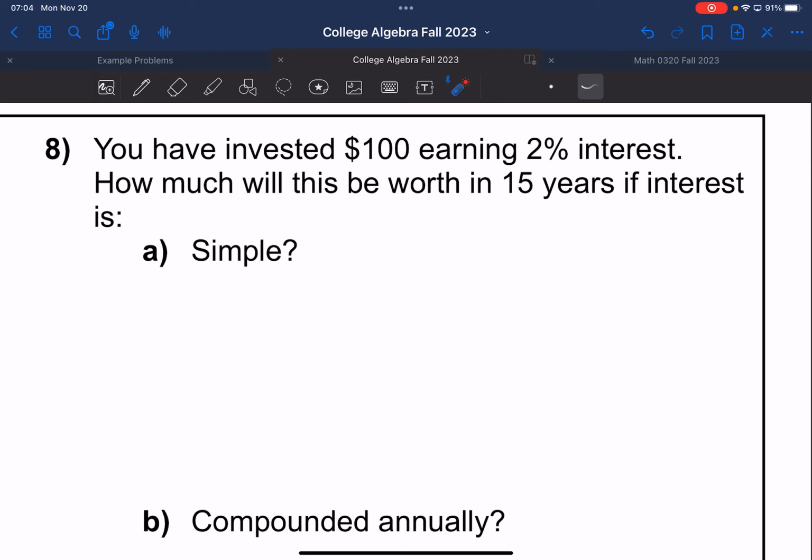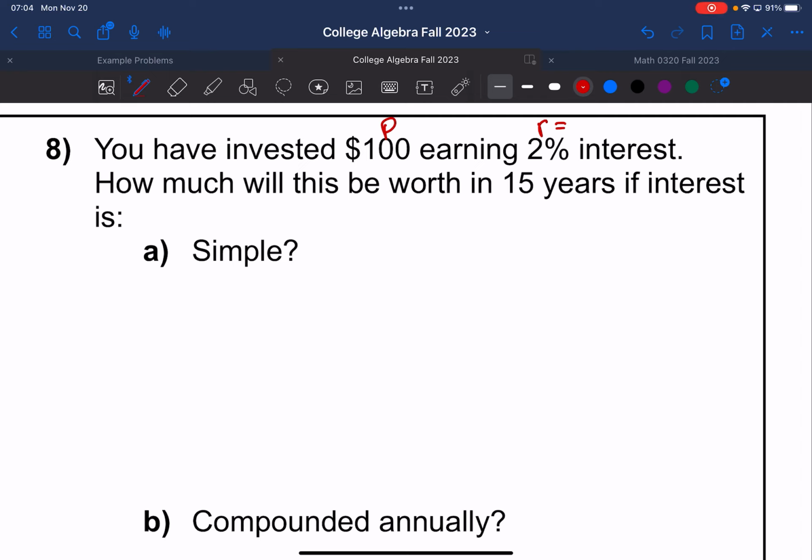Okay. So looking at number 8, we have to label everything. So it says you have invested $100. So that's our what value? P. Earning a 2% interest, so that's what value? R. And how are we going to turn that into a decimal?